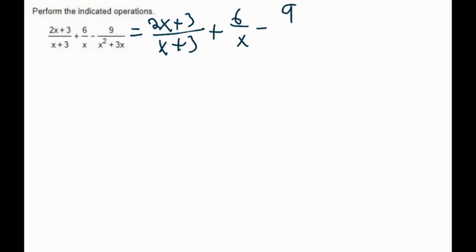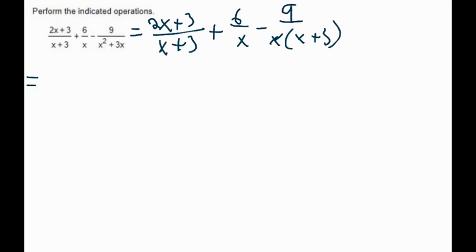Notice what happens if I factor an x out of this denominator: I would get x times x plus 3. So now I can tell what's happening here. My common denominator is x times x plus 3. So what I have to do is take 2x plus 3 times x and 6 times x plus 3. That'll be my next step.